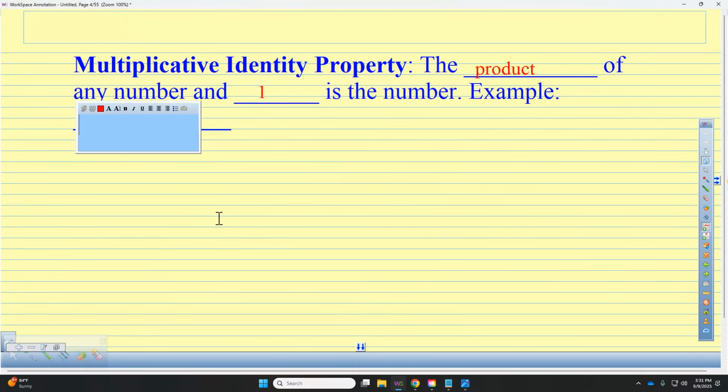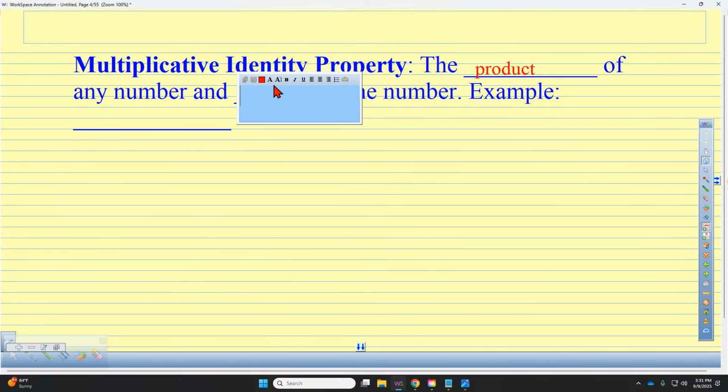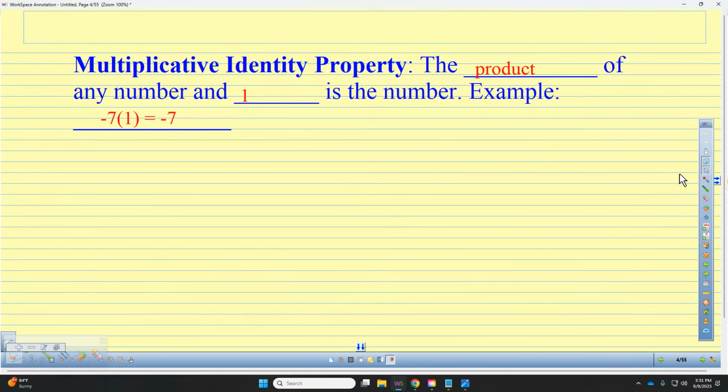An example: -7 times 1 is equal to -7. That should be pretty obvious. Anything multiplied by 1 is itself.